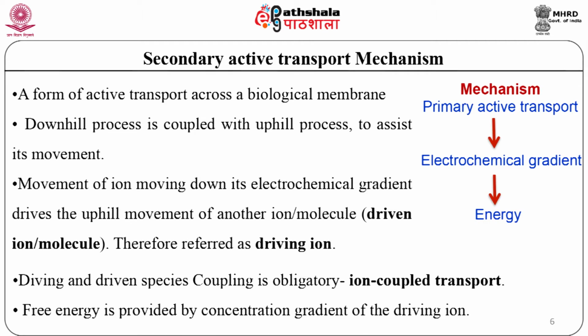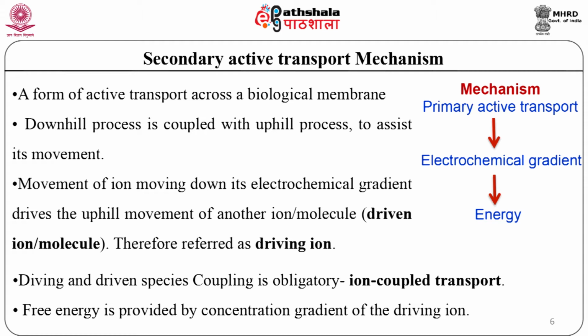Mechanism. Primary active transport of Na plus is responsible for formation of the electrochemical gradient. This gradient becomes energy as the excess sodium is constantly trying to diffuse to the interior of a cell. Secondary active transport is also a form of active transport across the biological membrane.